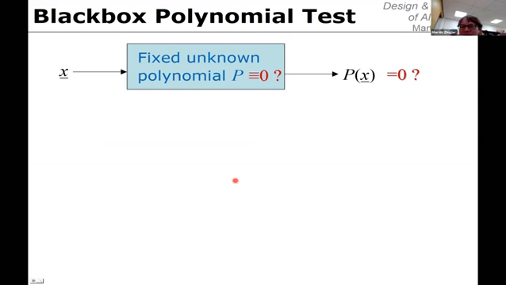This is kind of like, do you know the game 20 questions? In the game 20 questions, I imagine a number, and you're allowed to ask whether this number is greater or less than a certain number you can query.